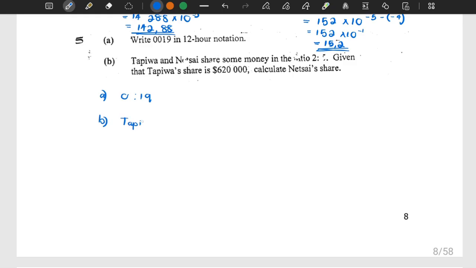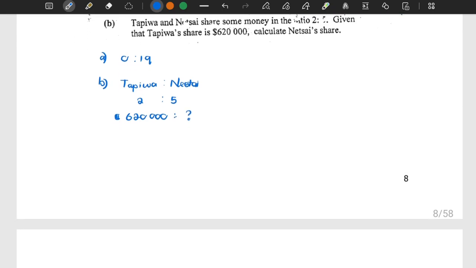So we have Tapio is to Natsai 2:5. Given that Tapio's share is 620,000, calculate Natsai's share, right?